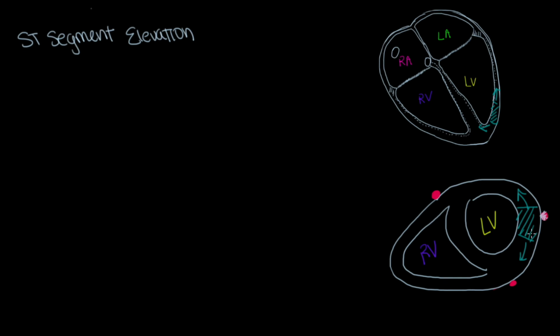And when you pair that up with the previous concept about the viable cells at the border of the ischemic tissue constantly being depolarized, you have overall charge vectors moving away from the whole transmural ischemic area.